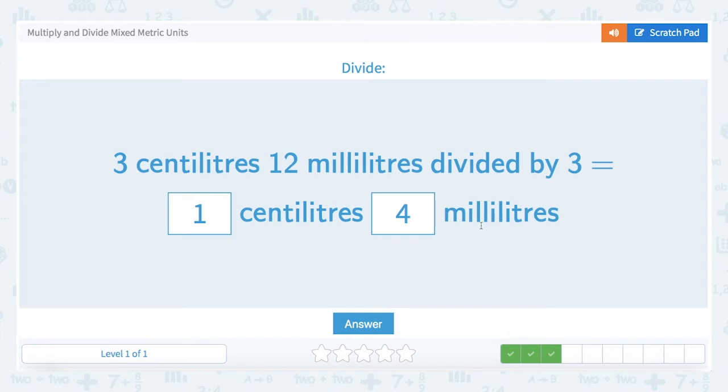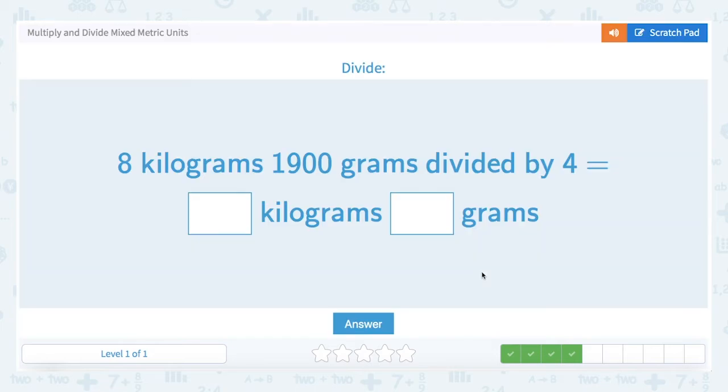A centiliter is 1/100th of a liter. So 4 milliliters is significantly smaller than 1 centiliter. It would actually take 10 milliliters to make a centiliter. So we don't need to do any other conversions. We have our answer.